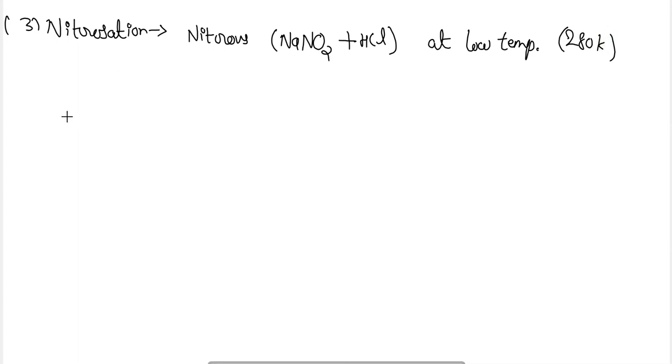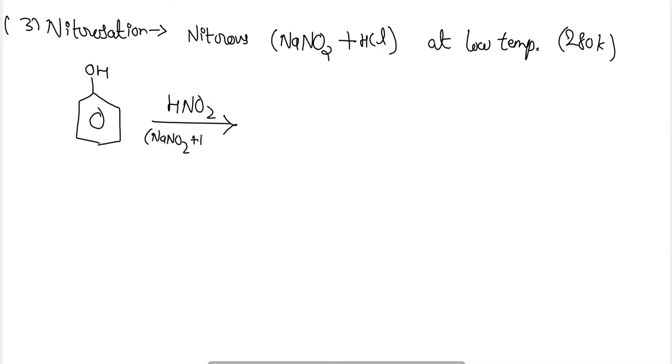Okay, so here what we will do, we will react phenol with nitrous acid, which is produced by NaNO2 and HCl at a lower temperature of 280 Kelvin, to form para-nitrosophenol.